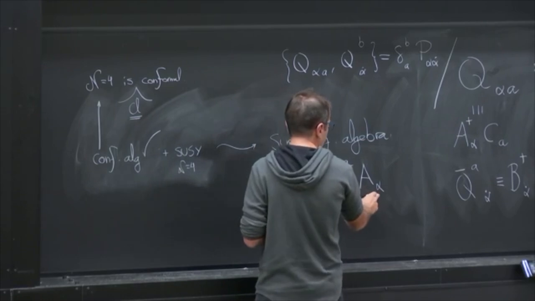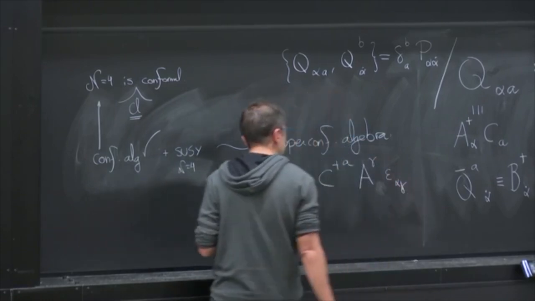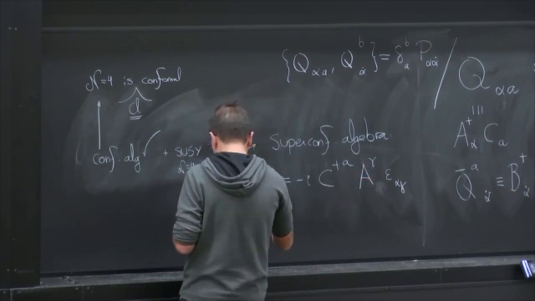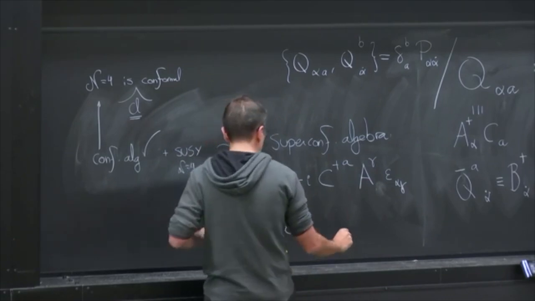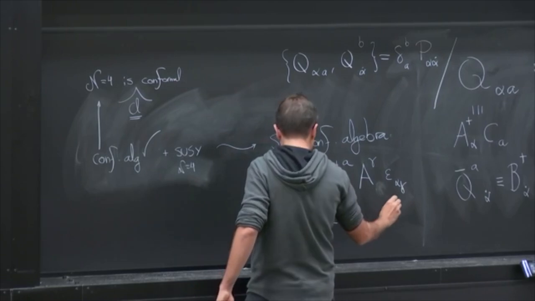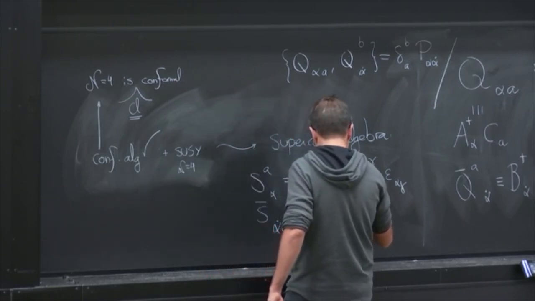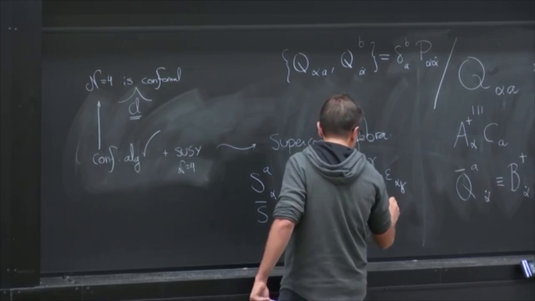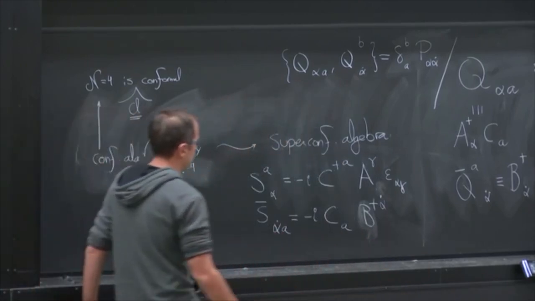By this A with alpha downstairs, I mean I can put A gamma, epsilon alpha gamma if you prefer. But that's what it means to put downstairs, right? An S bar, which has index alpha dot A, would be minus i. It would annihilate index A, and it would create index alpha dot, downstairs.